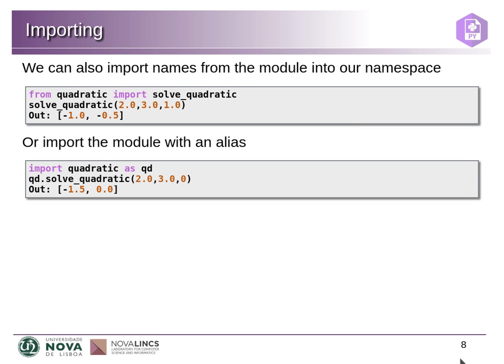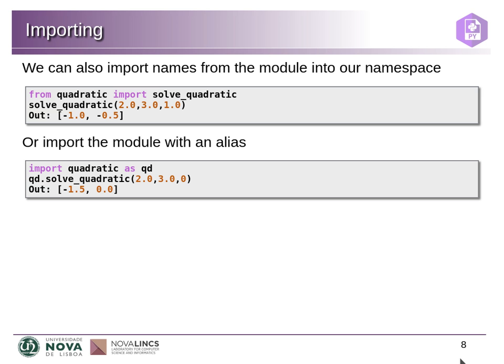So now we don't need to put quadratic before and call this way. So this is typically what you do when you have a module that may have other things. Note that this function may depend on other functions from that module. That's okay, because when the function runs, it has its own namespace, and its global namespace is the namespace of the module it belongs to, and so forth. So everything works fine. But you are just importing that name into your own module.